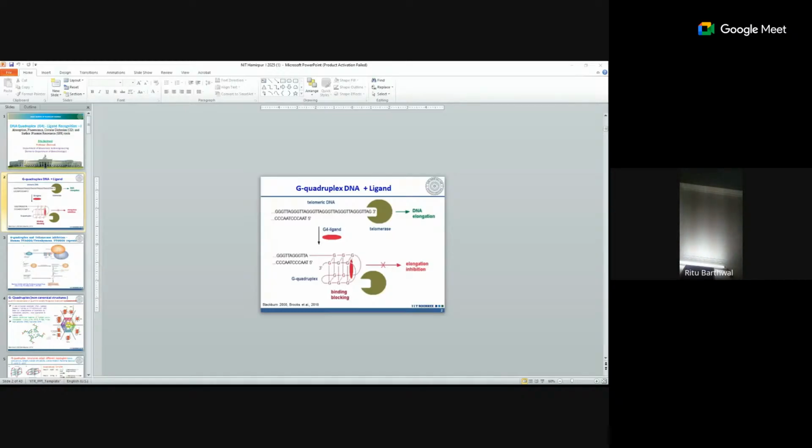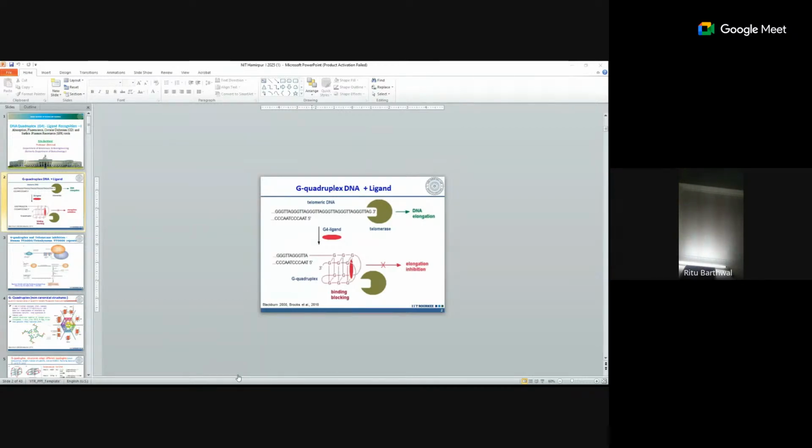So what is the basic thing is that you should have G quadruplex DNA and it should be stabilized. To do this, basically, one has to look at the G quadruplex first. It's a non-canonical structure in the sense that the normal structure is duplex DNA, which is Watson and Crick DNA. So G repeats are there in the sequence, and where have we found it?